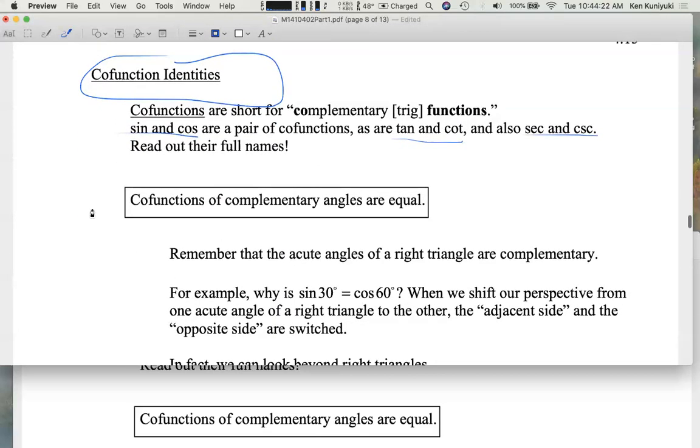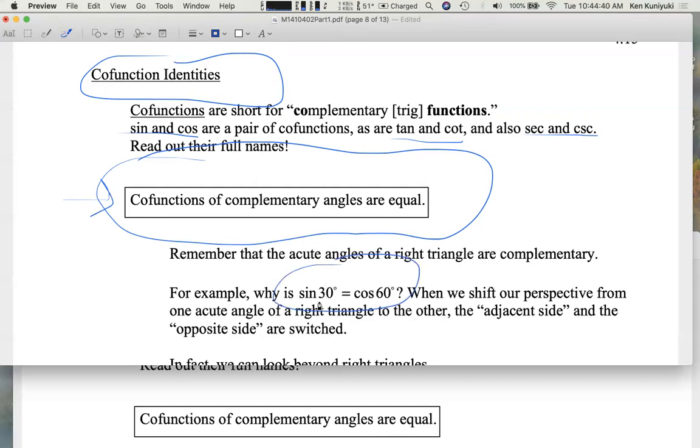Cofunctions of complementary angles are equal. Now, you can write out a whole bunch of cofunction identities, but it's easiest to remember this principle. For example, the sine of 30 degrees is equal to the cosine of 60 degrees.